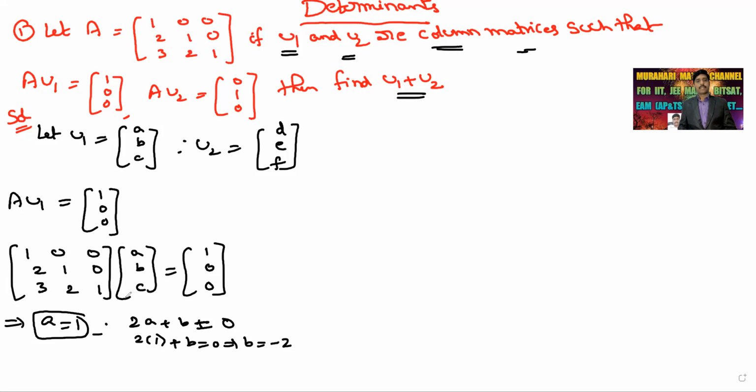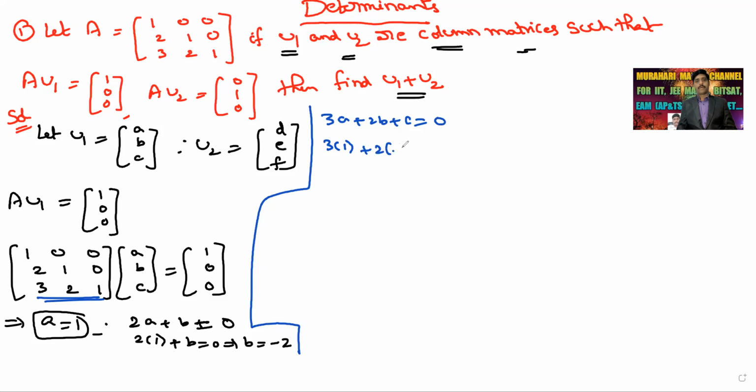Okay, next our target is C. So third row multiply with first column, it will be 3A plus 2B plus C is equal to 0. 3 into A value 1, 2 into B value minus 2, plus C is equal to 0.